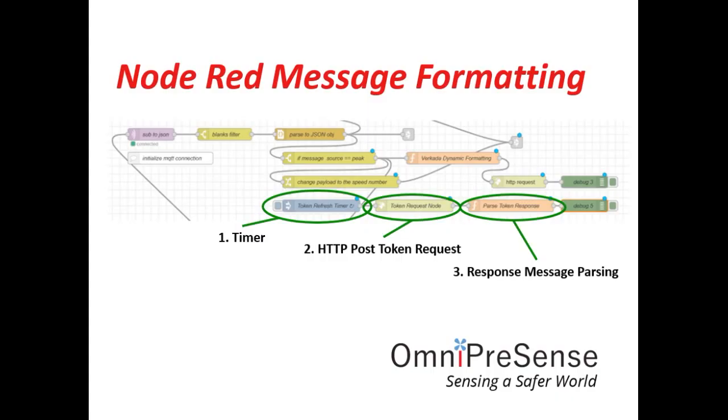The API token is regenerated every 30 minutes by using a timer which triggers a new message to Verkada command requesting a new API token. The message is sent via HTTP post and the response message is parsed to pull out the new token. The token is a global variable, allowing its automatic insertion in the formatted speed messages.